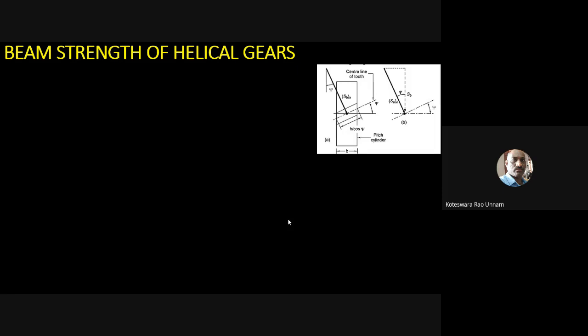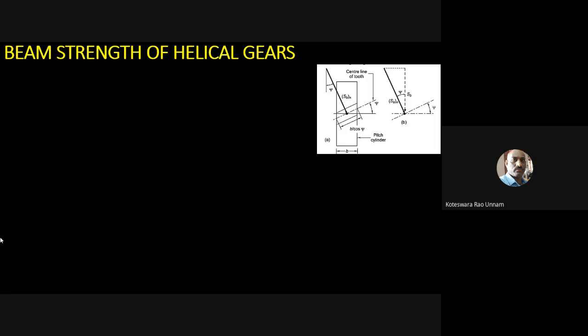So now, if you are able to convert the parameters of the helical gear into the equivalent virtual spur gear, then you can find out the beam strength for a helical gear also. Similarly, not only beam strength, you can calculate the wear strength also.